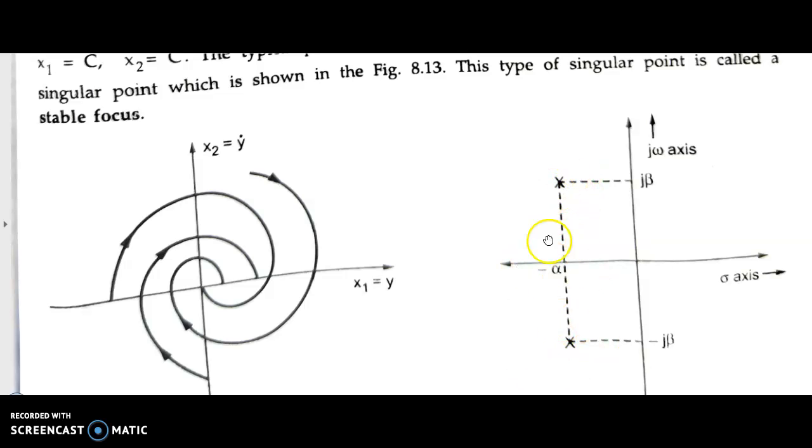If the poles or roots are placed on the left side, the system is stable, remember. Hence the singular point here is a stable focus. For these complex roots, you will get a graph like this. You have to remember: if the roots come like this, you have to draw this graph. If the roots are minus alpha plus or minus j beta, you just have to draw the singular point graph like this.